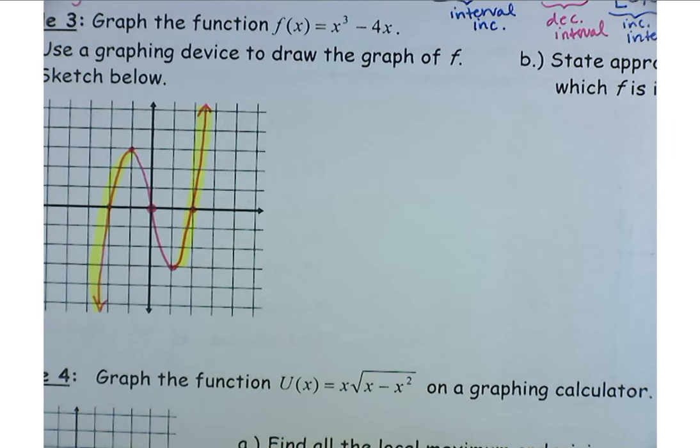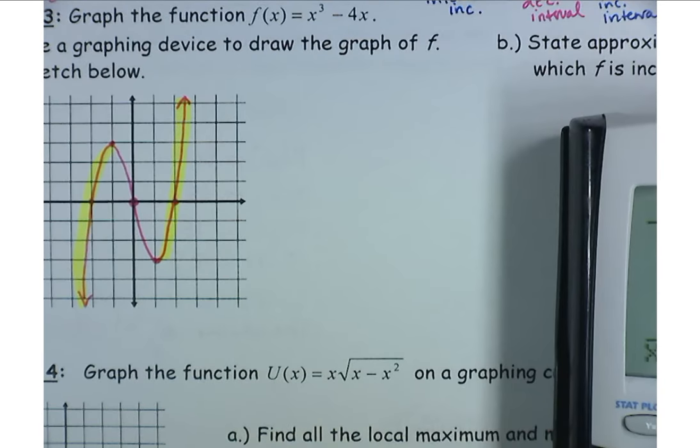So what I'm going to do is find my max and my min on my graphing calculator. In order to find them, you're going to go to second calc, and I'll find the maximum first. It's asking for a left bound and right bound. So I'm going to go a couple to the left, a couple to the right, and then try to get right on there.